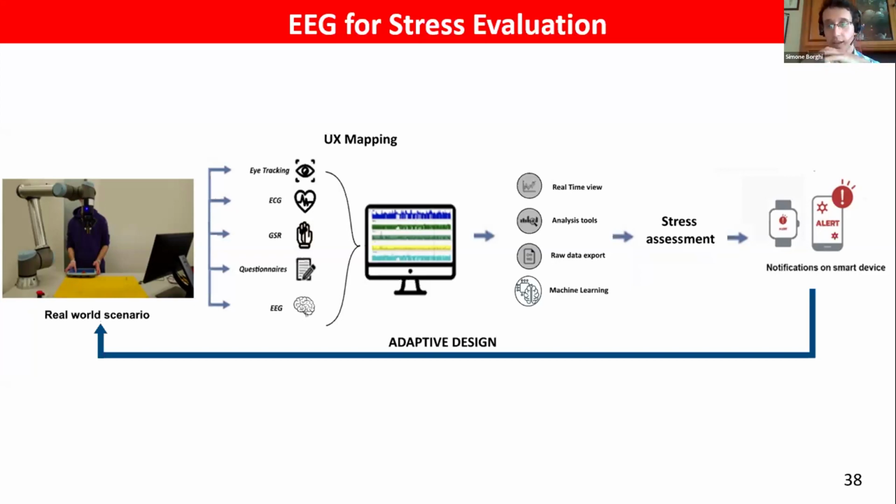Let's think of a simple example: a smartwatch monitoring my heart activity that, when the operator reaches a certain stress level, sends a notification to change task, perhaps preventing the operator from getting hurt. Another more complex example could be interfaces or entire platforms that iteratively adapt to the operator until their stress level is minimized. This is the future. It may no longer be necessary to design an interface, because it could adapt to the user's conditions.